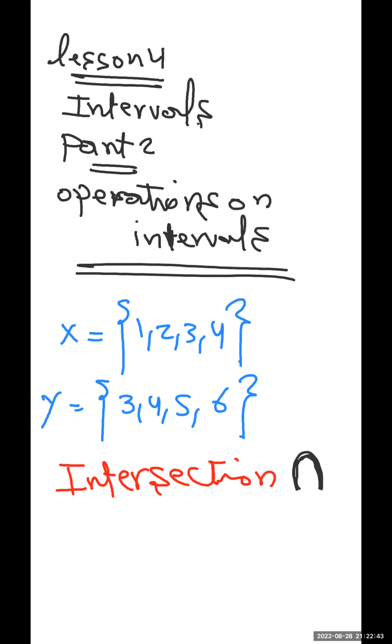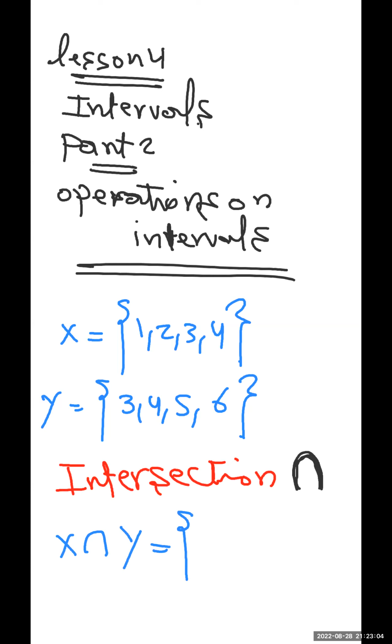Intersection means the common elements in the two sets, the elements which exist in both sets. So if I get X intersection Y, I'm looking for the elements which exist in both X and Y.